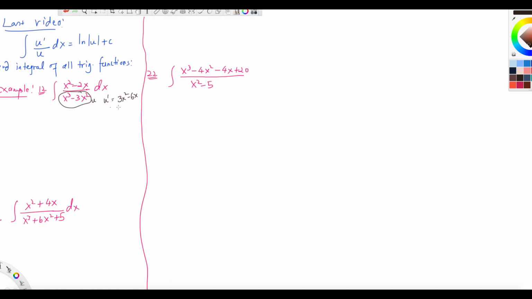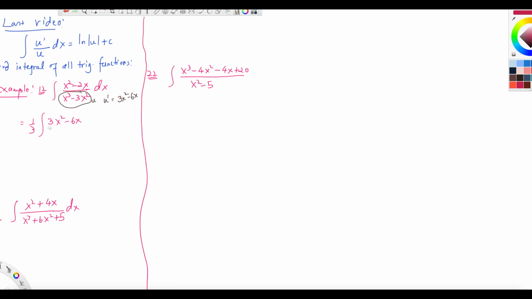But do we have that u prime on the numerator? No, we do not. So what do I need to get that u prime on the numerator? You need to multiply by 3, right? Because if you multiply each term by 3, then you'll get 3x squared minus 6x. But you cannot just multiply by 3, you need to balance that. So I'm going to write 1/3 and then 3x squared minus 6x.